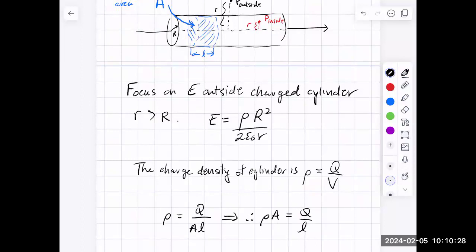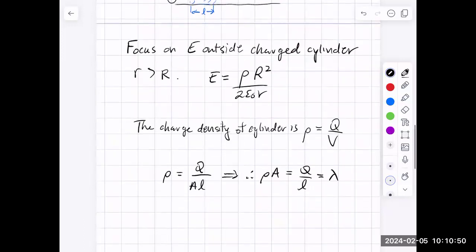And what symbol have we been using for charge per unit length when we talked about, say, a charged wire? Lambda, that's exactly right. So this combination of rho times the cross-sectional area is one way to define the charge per unit length of our cylinder. So rho is the charge per unit volume, and lambda is the charge per unit length.